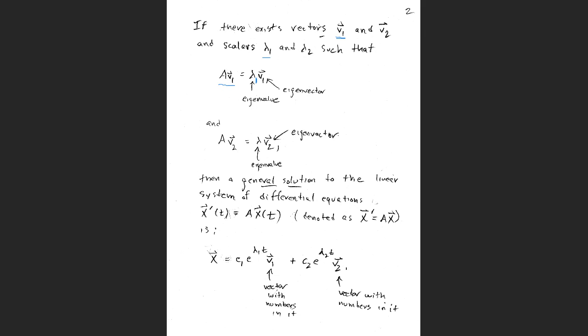Similarly, if the matrix A times some vector v2 were equal to lambda 2 times v2, then lambda 2 would be an eigenvalue, and the vector v2, that 2 by 1 vector of whatever numbers are in there, would be an eigenvector corresponding to lambda 2.